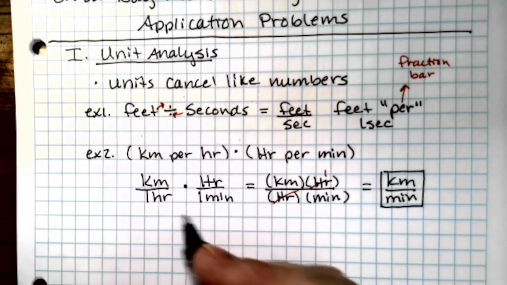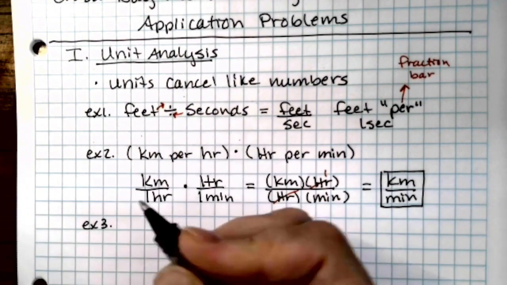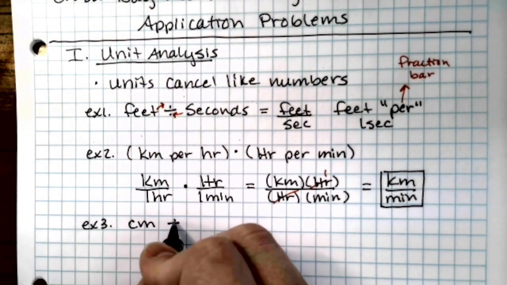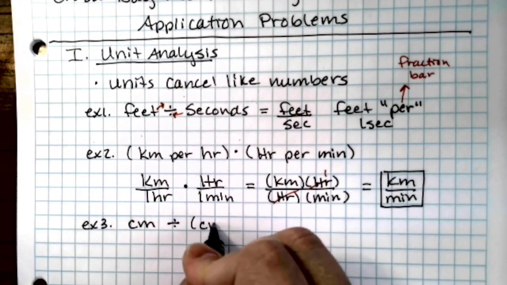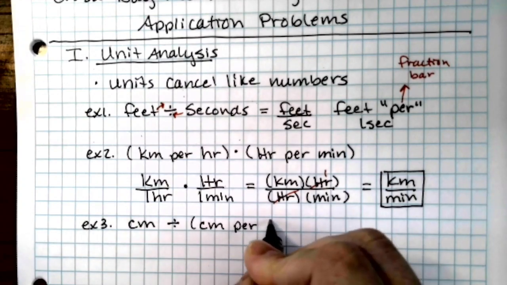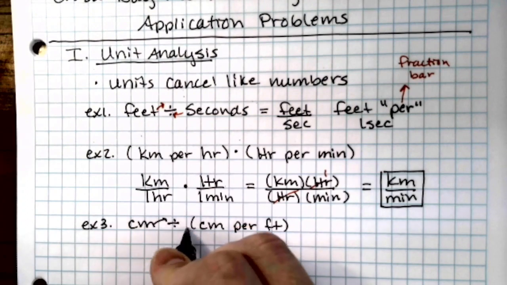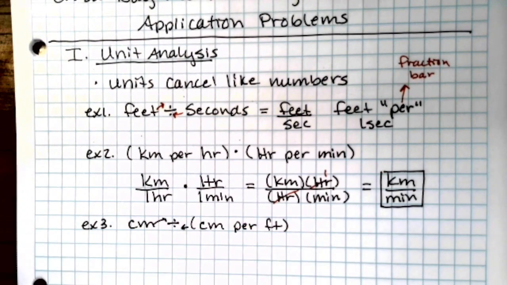Pretty straightforward. Let's do another one, example 3. Let's say you have the units of centimeters and you're dividing it by centimeters per foot. So again, you're going to create a division, one on top, one on bottom.